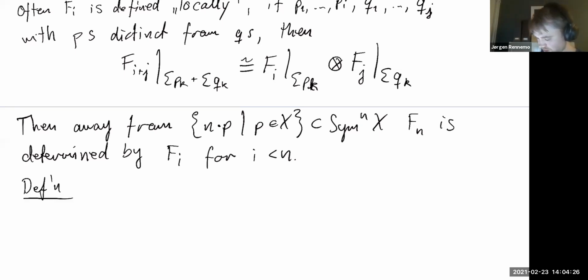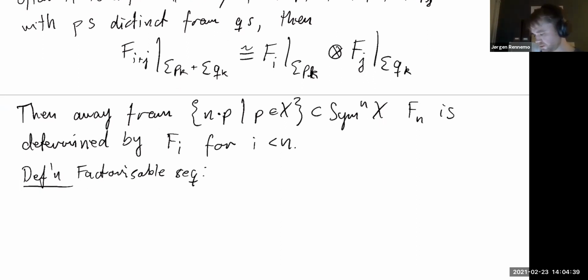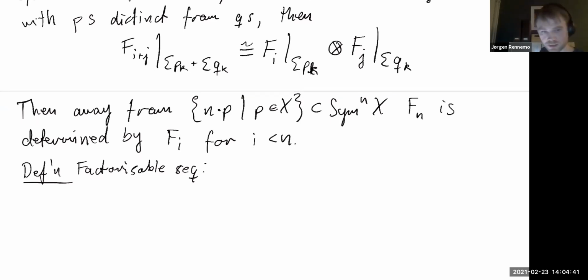So the definition of factorizable: it's a factorizable sequence if we have the following data.